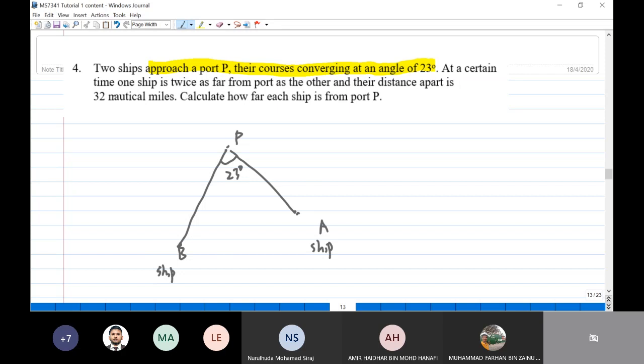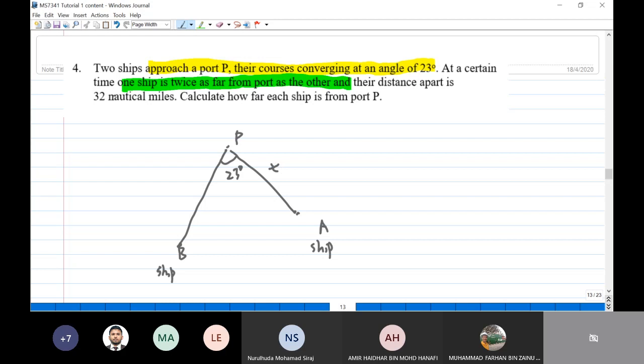Okay. Then at a certain time, one ship is twice as far away from the port as the other. So this is another piece of information. One ship is twice as far from the port as the other. So let's say ship A's distance is x here.